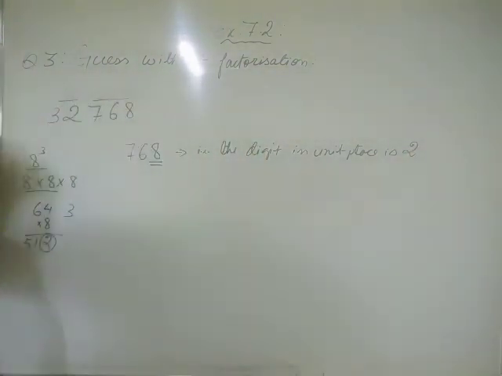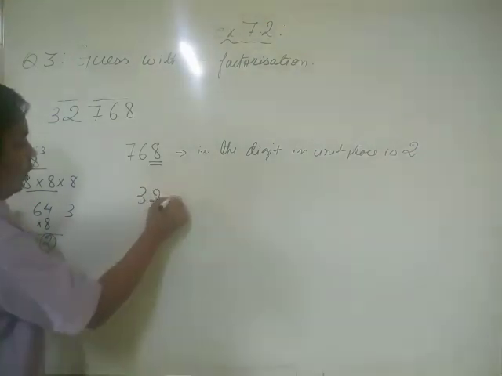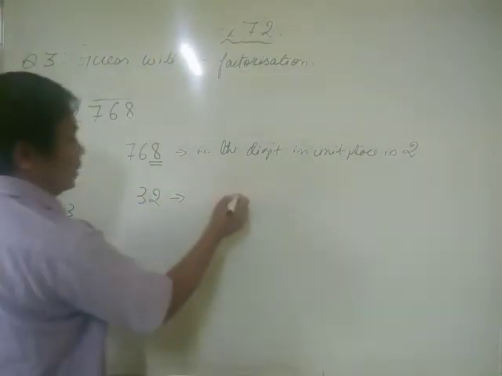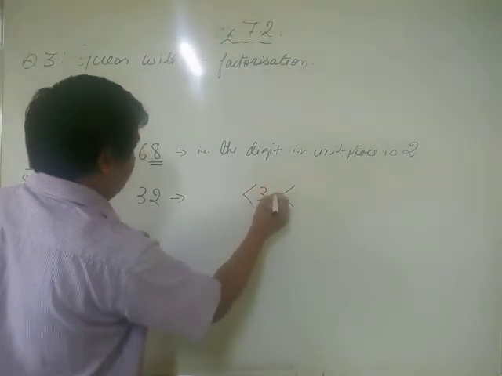Then the other number we get here is 32. We have to find out between which cube numbers the 32 lies.